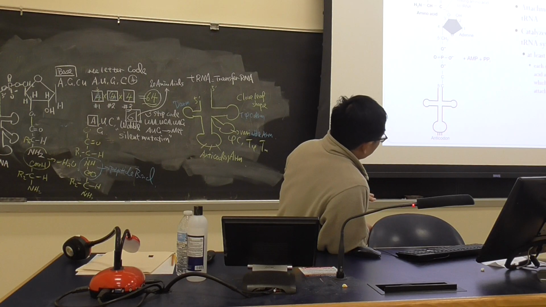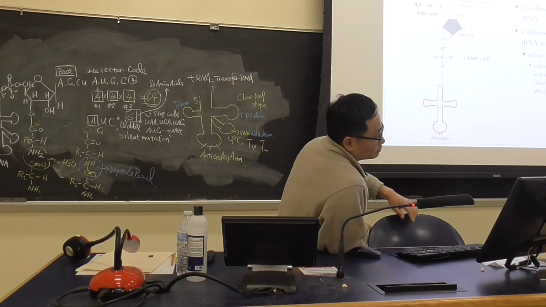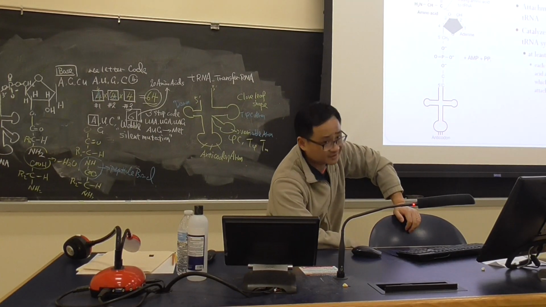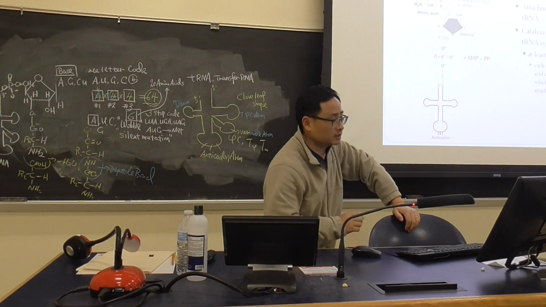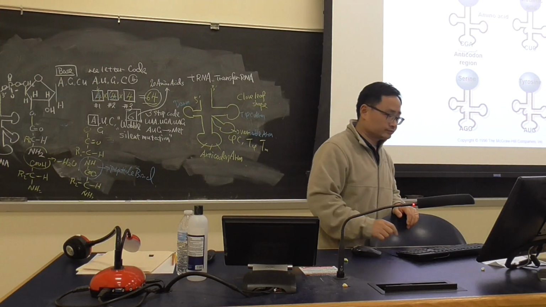This process needs a specific enzyme, which is aminoacyl tRNA synthetase. And we know the enzyme is very specific. So we have 20 amino acids. How many of these synthetases do we need? At least 20. Okay, so that's how we understand these slides.